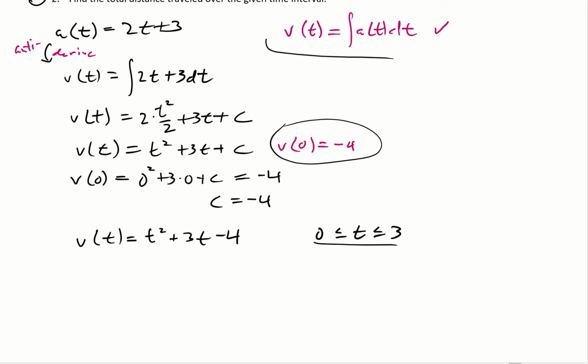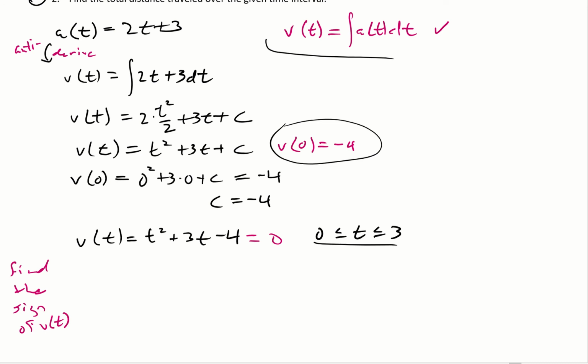In fact, if we were to graph this velocity function, what would it look like? One of the things you could do, this is good: why would I set it equal to 0? Well, I want to know the sign of v of t, because it could be negative, it could be positive.